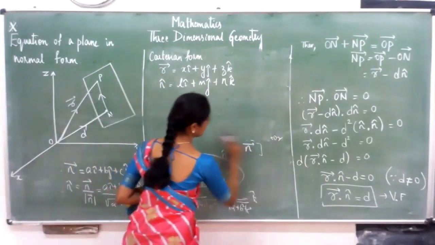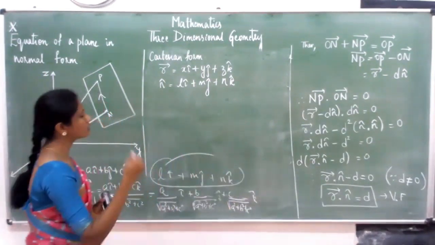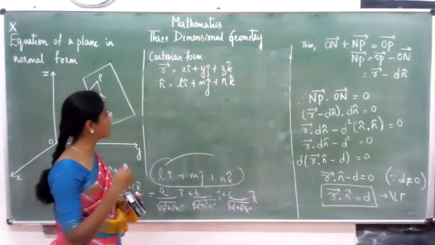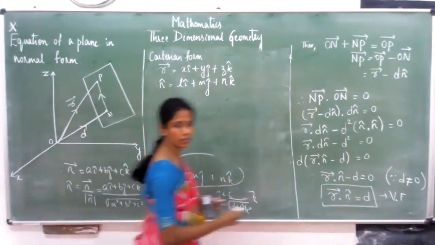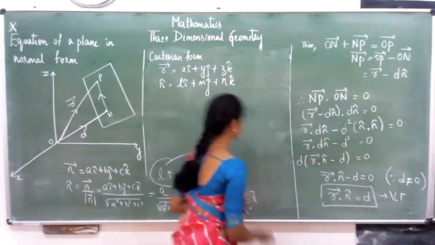So I am going to substitute now the value of vector r and vector n cap in equation number 1 in vector form.